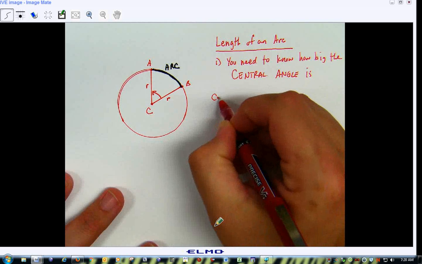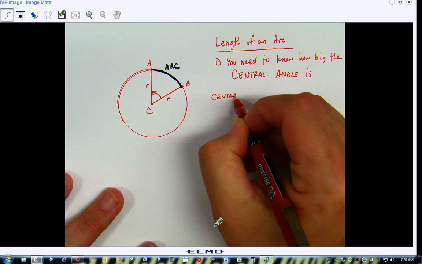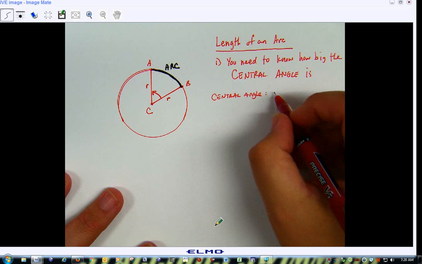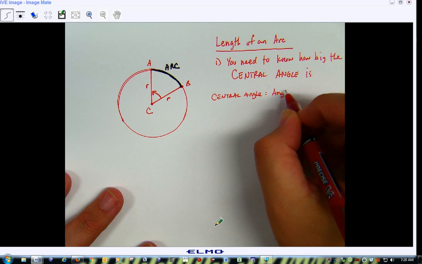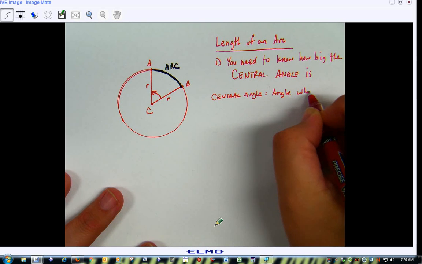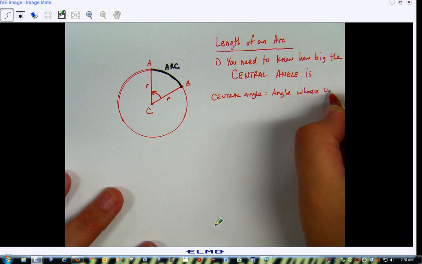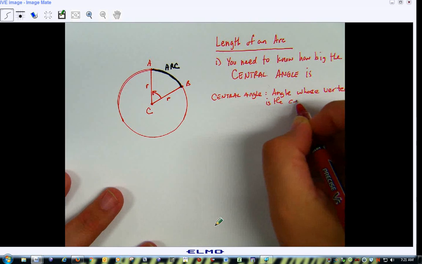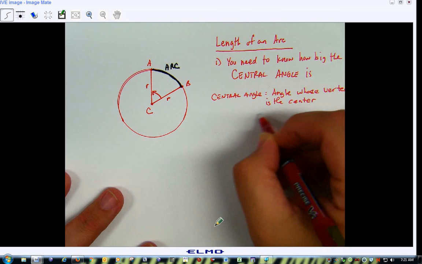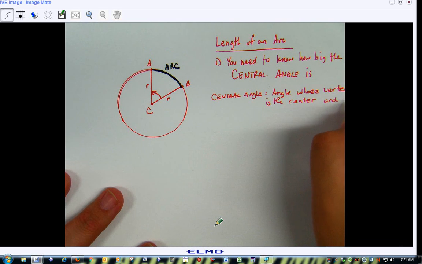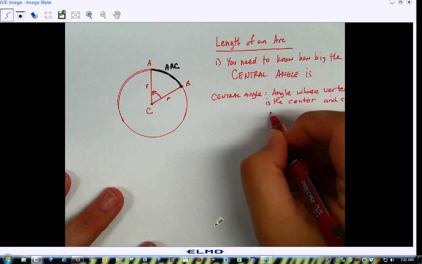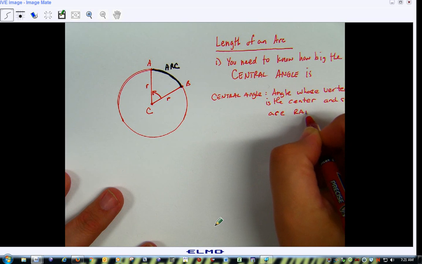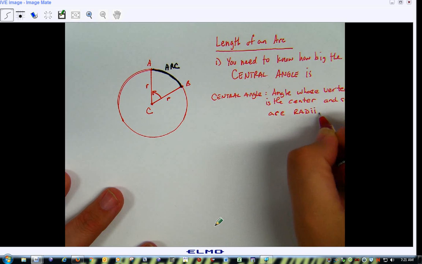So the central angle, it's an angle whose vertex is the center and sides are radii.